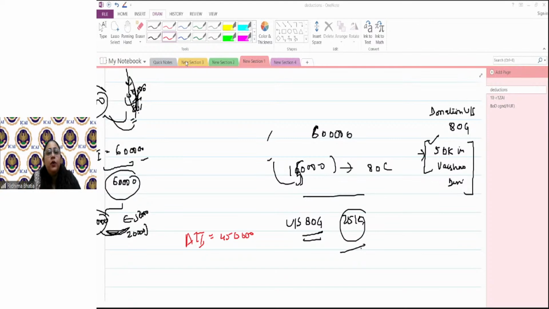Second, maybe this might not be a question at your level, but you just have to confirm that you have maintained the receipts of donations for the purpose of claiming the deduction. On that receipt, the PAN of the donee should be clear. The donee's PAN should be clear, and to claim those deductions, maintain those receipts.